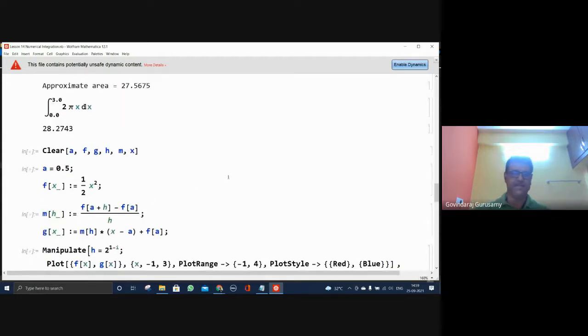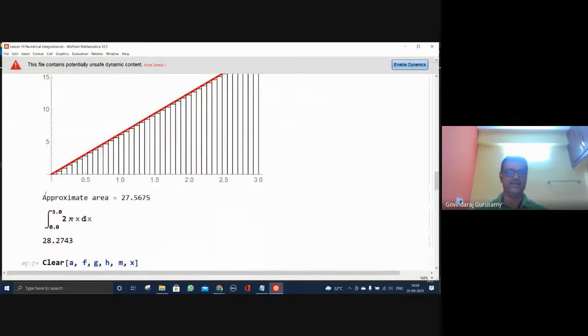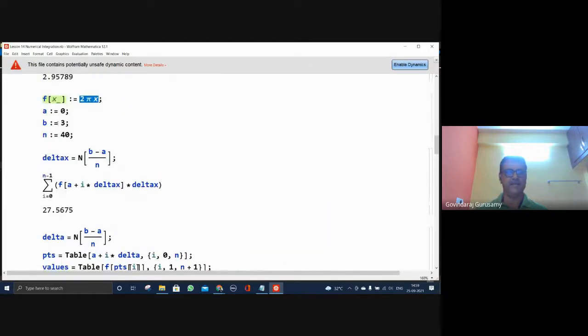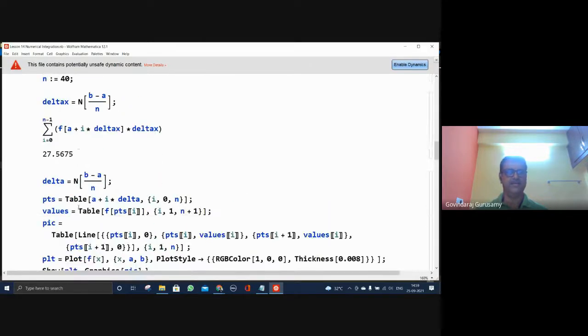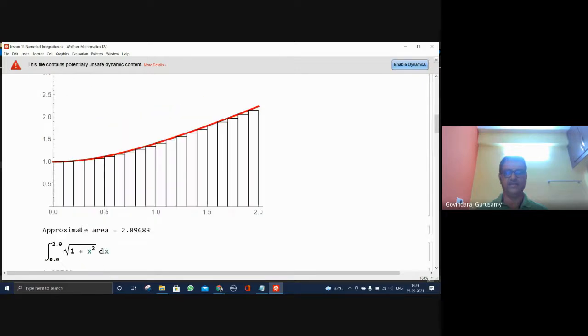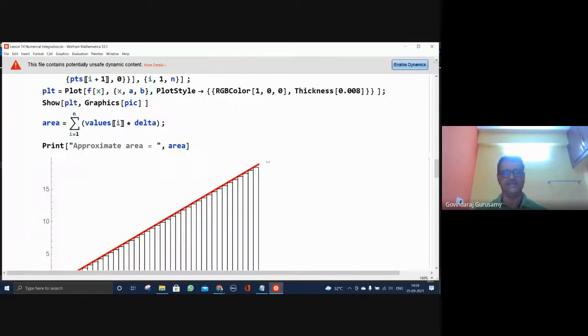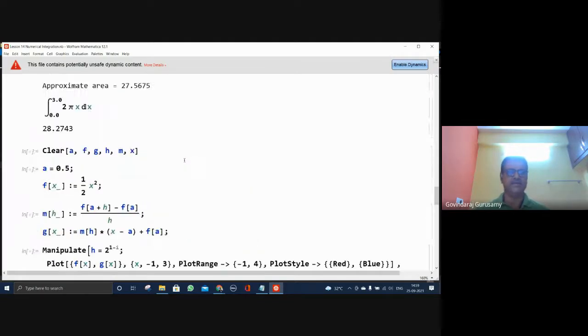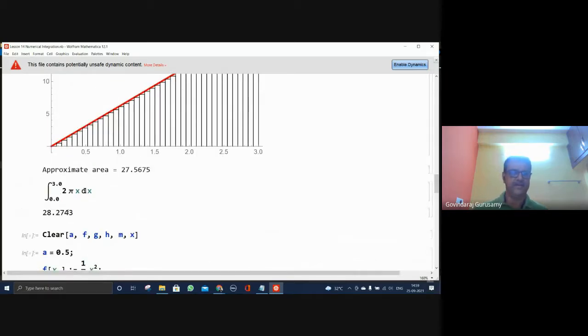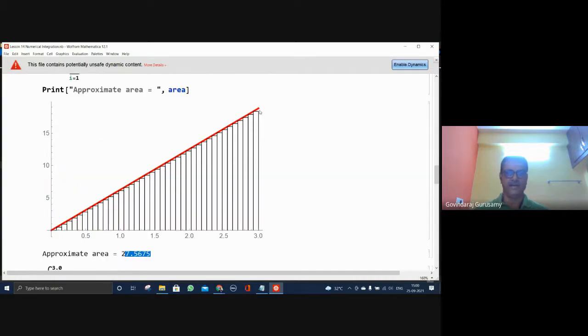Now we have a straight line and the area under the curve is a circle of radius 3, since 0 to 3 means 3 is the radius. So now the actual value can be found, and the difference can also be cross-checked. So this is the actual value and this is the one which we have obtained by summing up, taking the left edges.